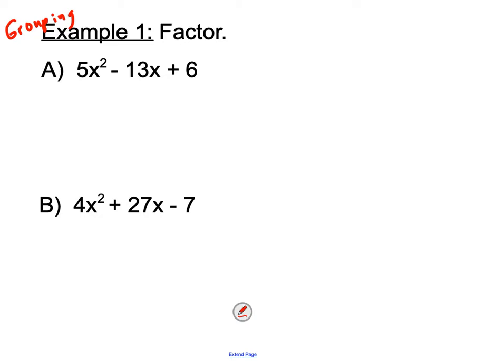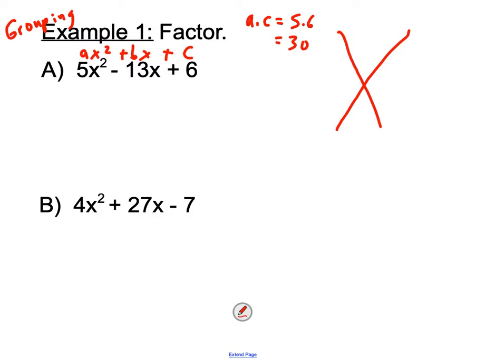So we have 5x squared minus 13x plus 6, so I'm going to come over here and make an x. There might be some other method you were taught, and you can totally use that as well. So what multiplies to give us ac? Remember, this goes ax squared plus bx plus c. So your a term there is 5, and your c term there is 6, so we get 30.